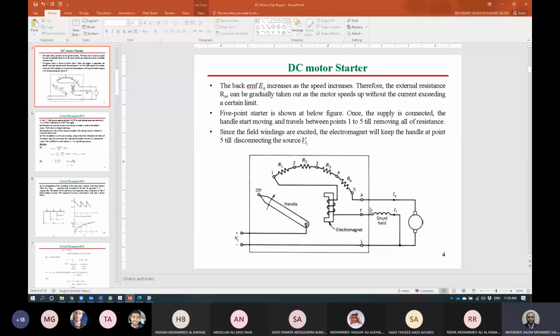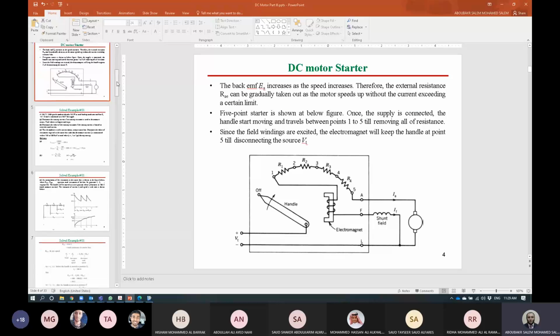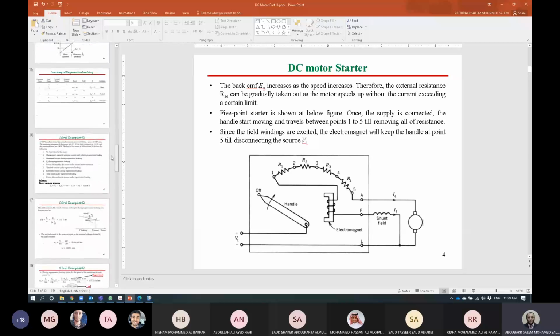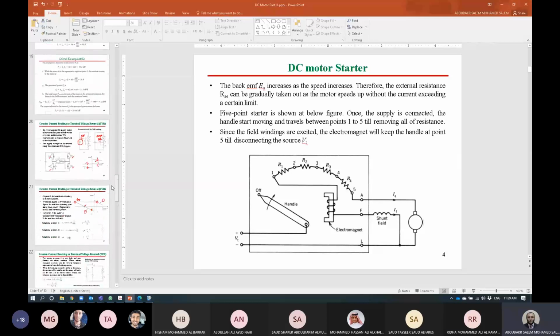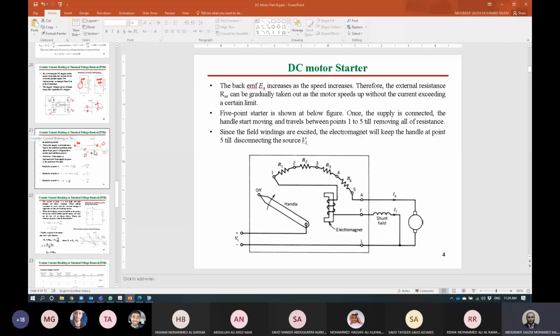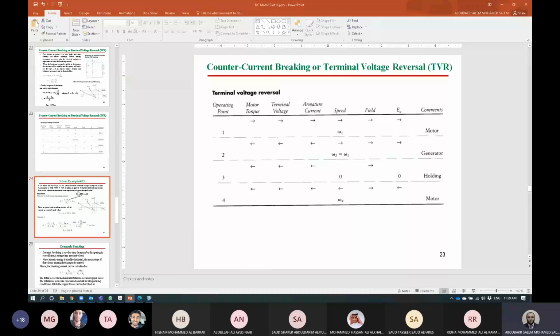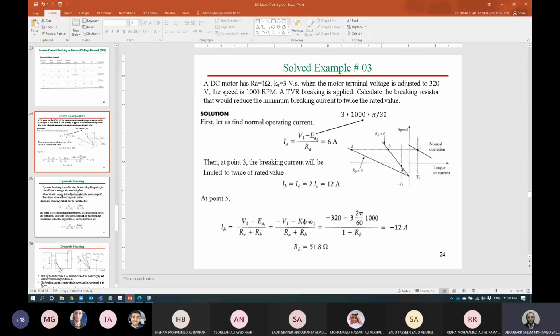It can be used also in the same way. However, in power electronics, we do it in a different way, and we will discuss it, inshallah, by the end of this class, by using switching in order to control the value of the resistance itself. Right. So this is the summary of the counter current brake.